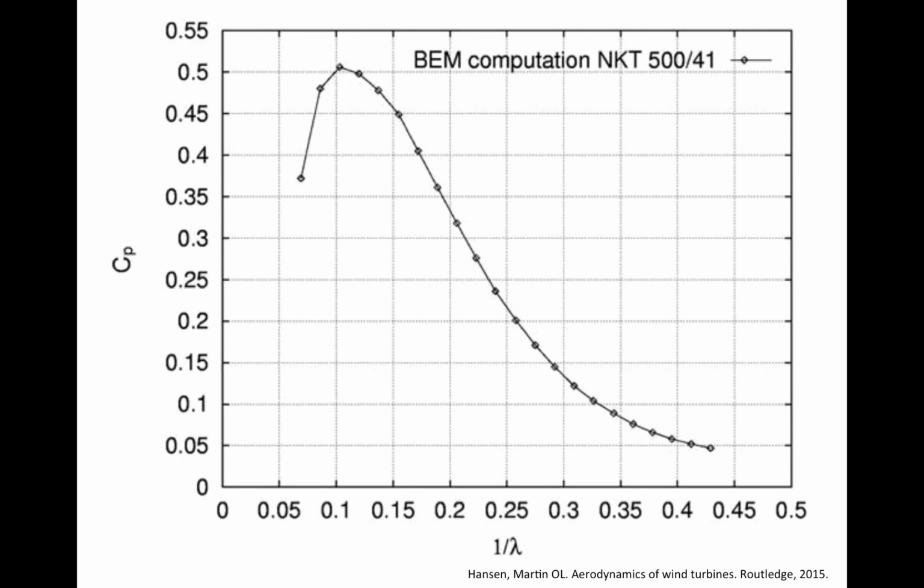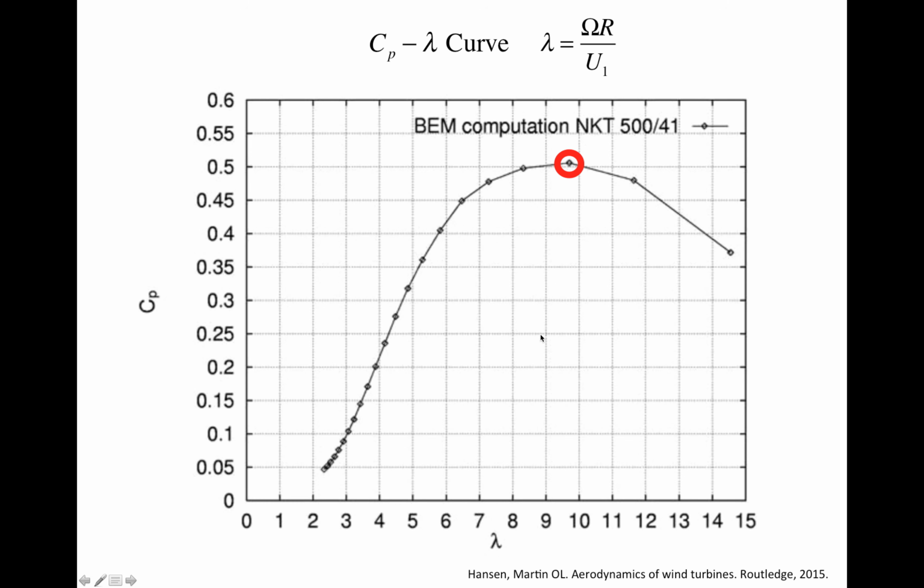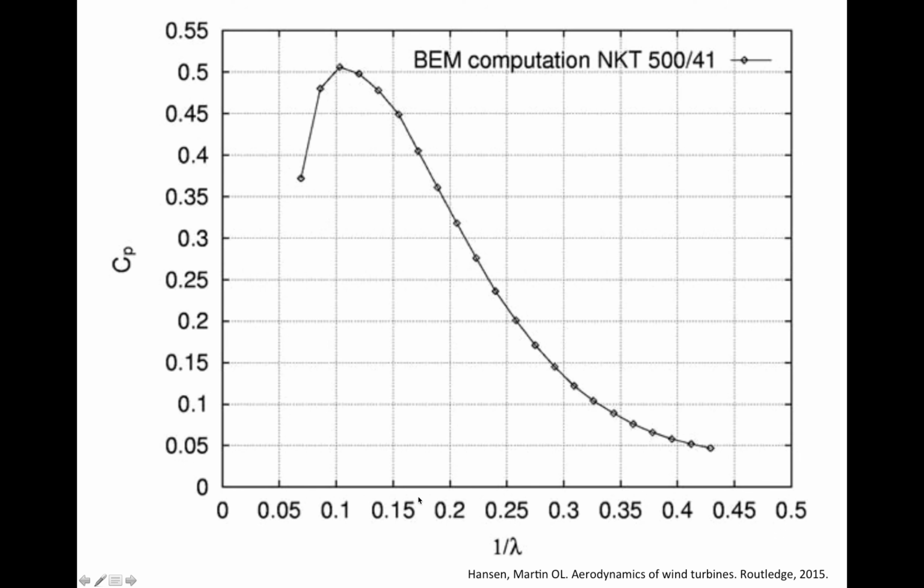Here's a different way of presenting the same Cp-lambda curve. It's the same Cp-lambda curve as in this particular figure. The only difference is that the horizontal axis has changed. The horizontal axis is not the tip speed ratio anymore. It's the inverse. The advantage of this kind of presentation is that the horizontal axis is now proportional to the free stream wind speed.